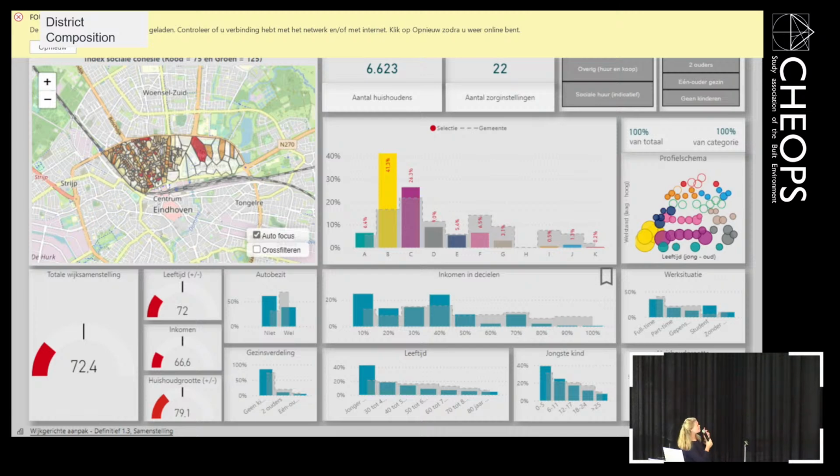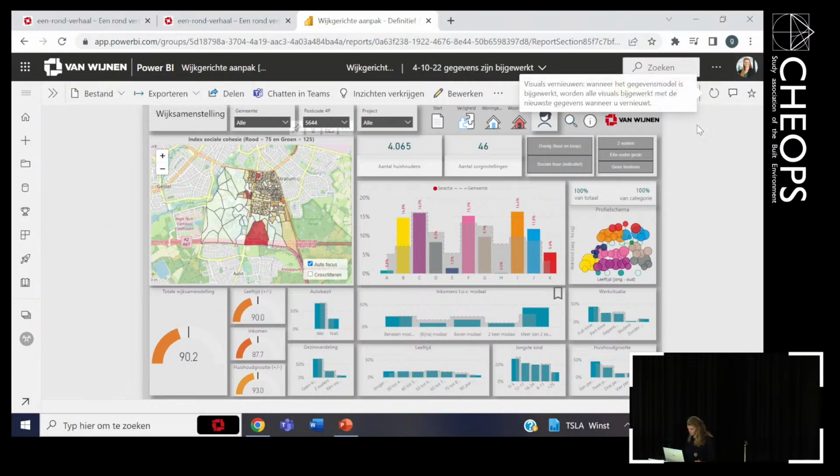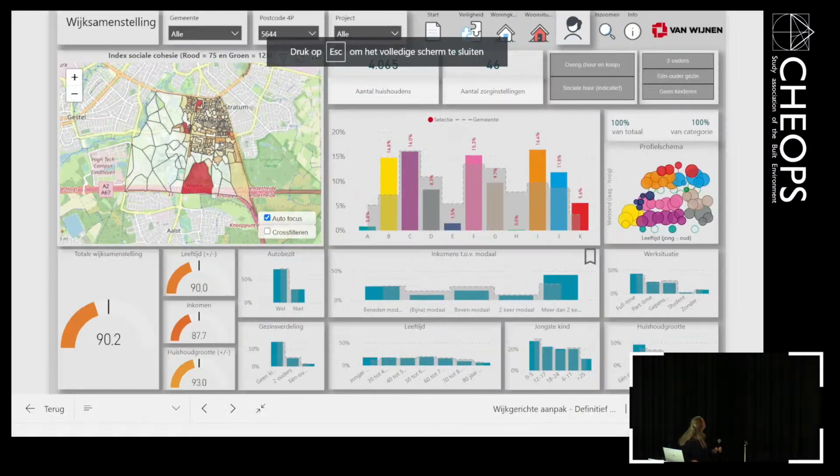You forgot that there are a lot of old people in this area, right? It doesn't seem to be a lot of old people, because the old people bar is the gray one, and here this one. So this is the group of old people.